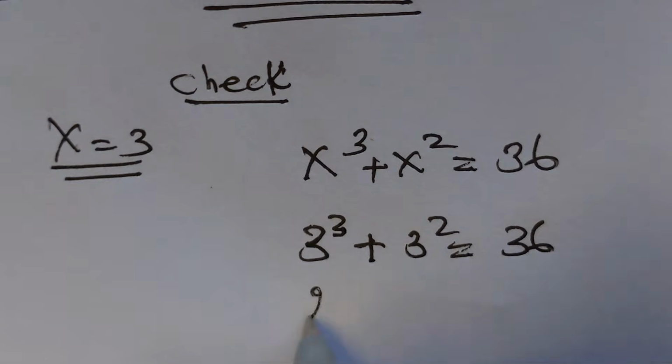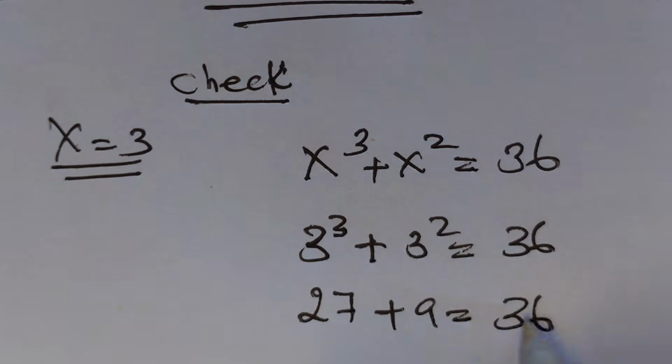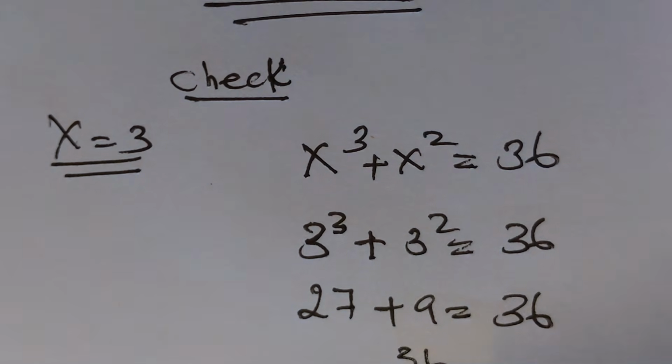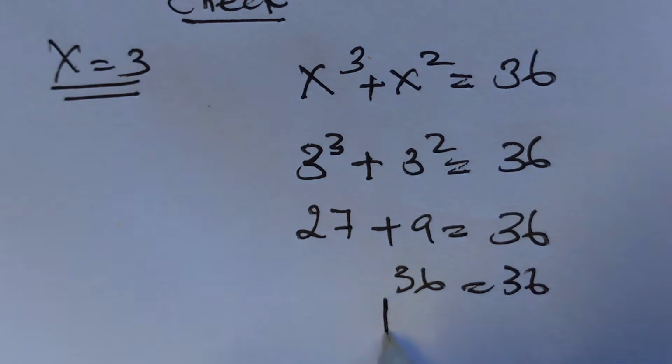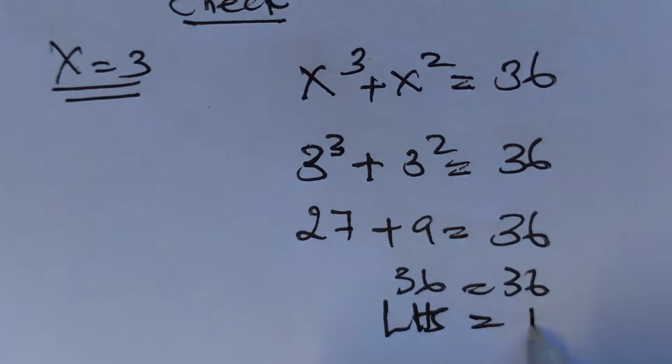Of course this is 27 plus 9, which is equal to 36, so 36 equals 36, and the left hand side equals the right hand side.